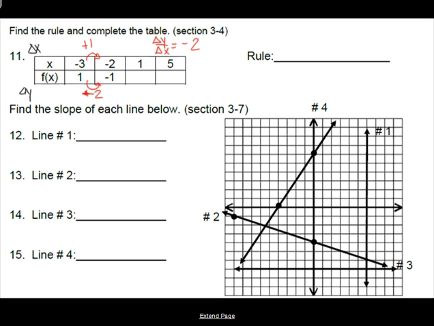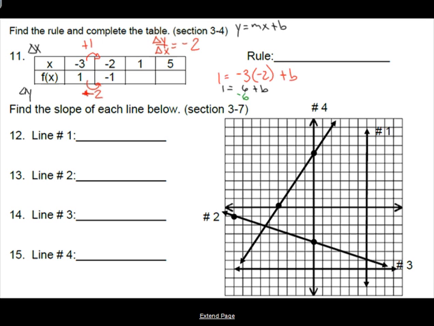So now to find my rule, I'm going to plug in one of the points. 1 is equal to -3 times -2 plus my b. Because remember, I'm using the form y equals mx plus b. I multiply, and that'll be 6 is equal to 1 plus b.